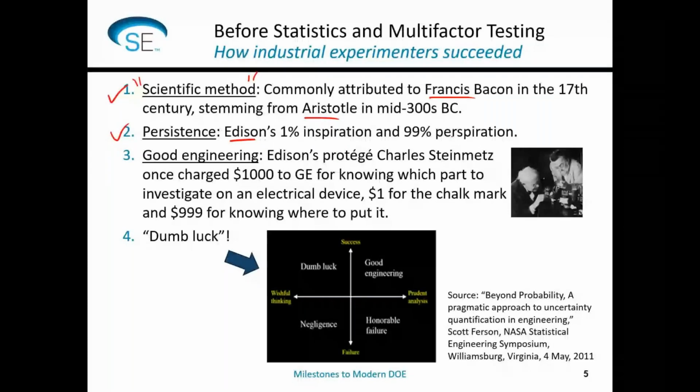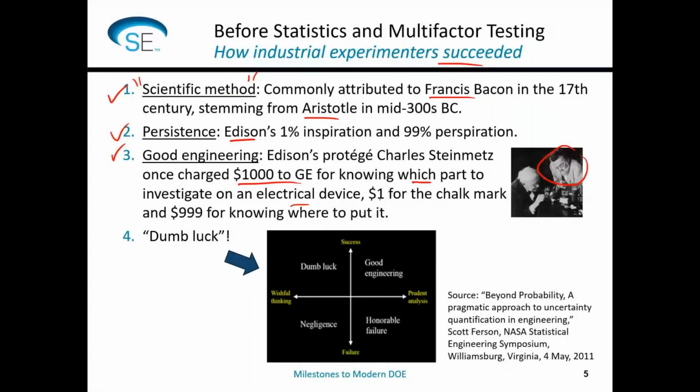So persistence really was how these industrial experimenters succeeded, along with the scientific method. Then, of course, we have to pay homage to good engineering and good science. And Edison's protege, Charles Steinmetz, pictured here, once charged $1,000 to General Electric for working on a turbine, for knowing which part to investigate.